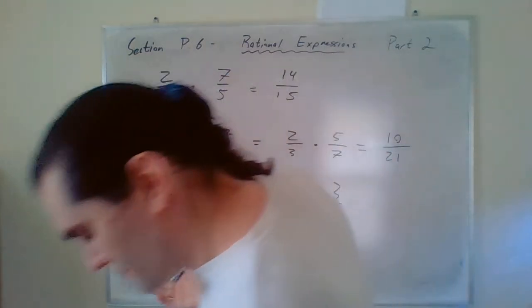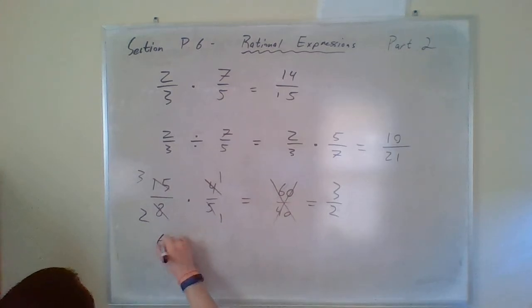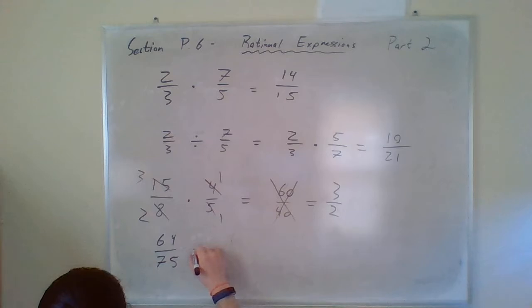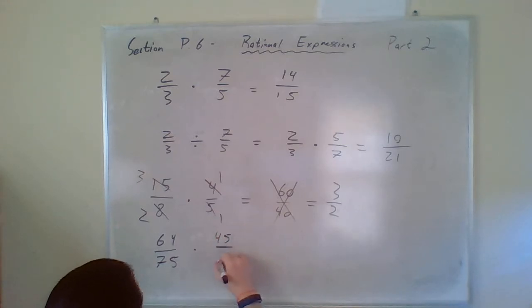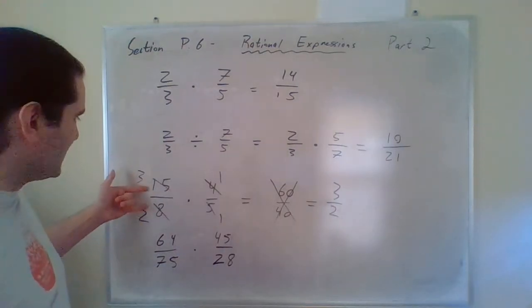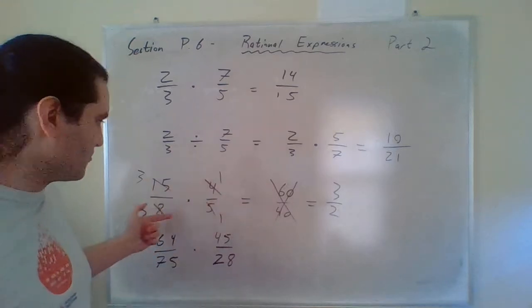The slightly more extreme example might look something like 64/75 times 45/28. With this one, you could brute force it, like 15 times 4, 8 times 5.